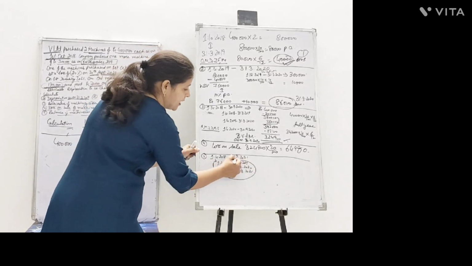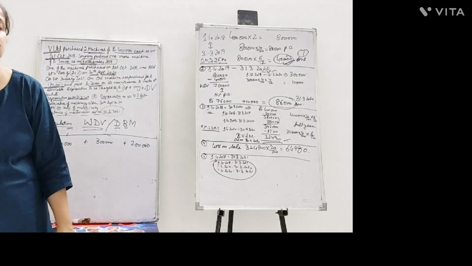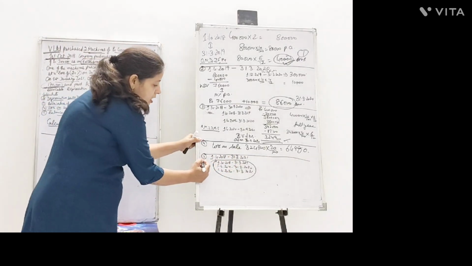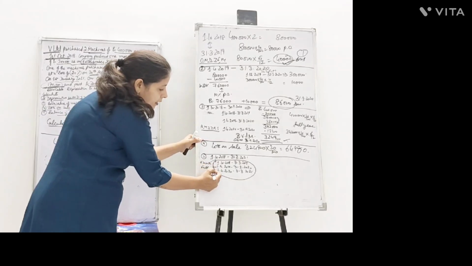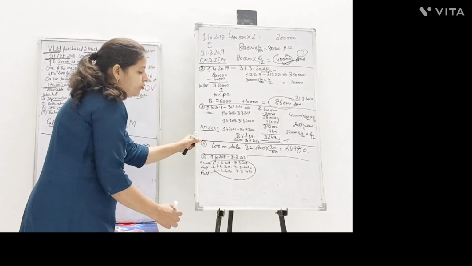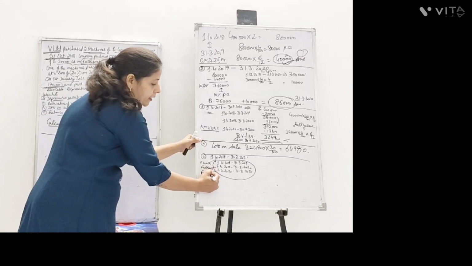Now I reach the date which he has asked me in the question. So first year is for 6 months, second year is for full year, and third year is also full year, right?